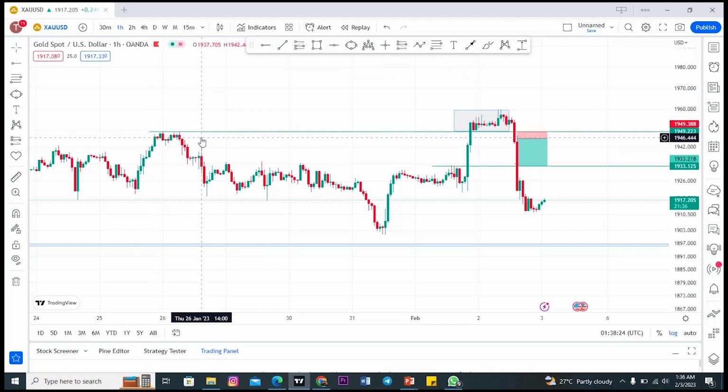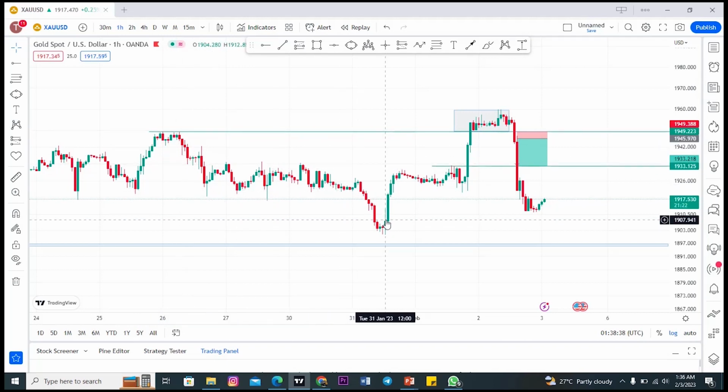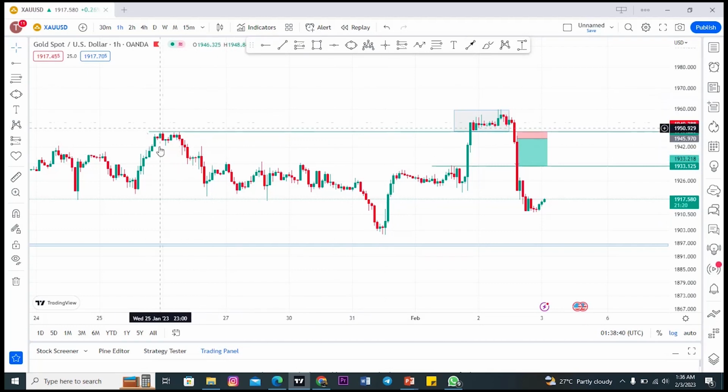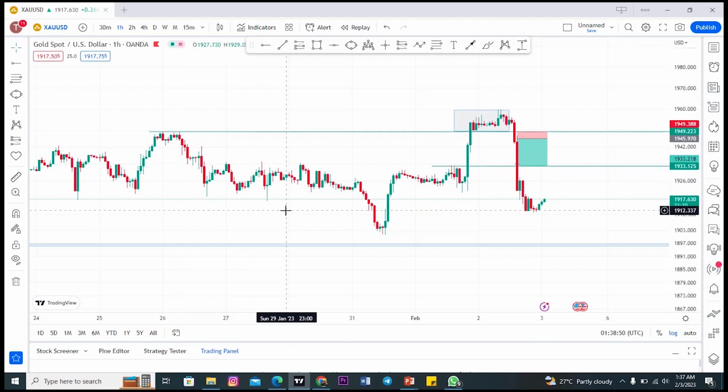When price created this highest point on gold in the market, it started dropping all the way to the downside, because price was not able to pass this highest level that it had reached.